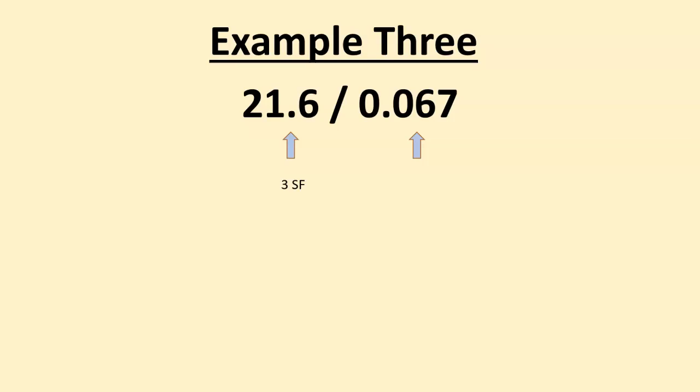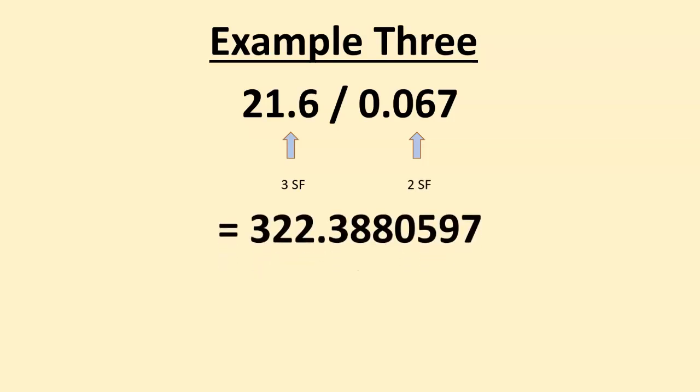You do have 6 zero rules that go along with sig figs. This one has 2 sig figs. Plug it into my calculator. I get 322.3880597. I know I need 2 significant figures, and so my final answer will be 320.